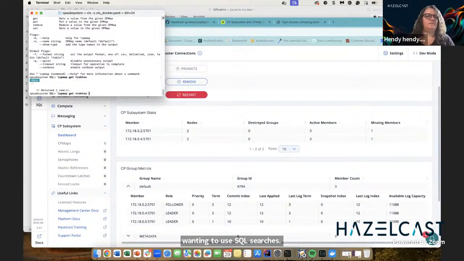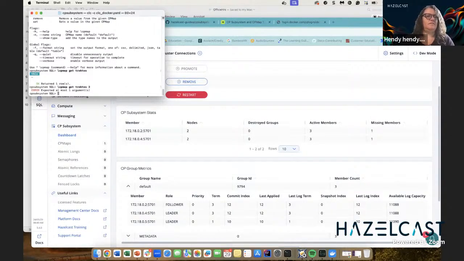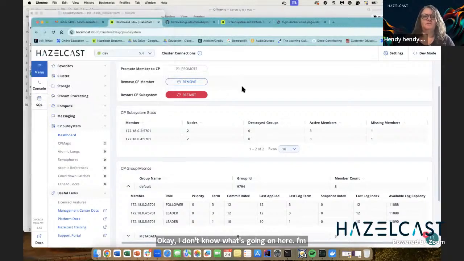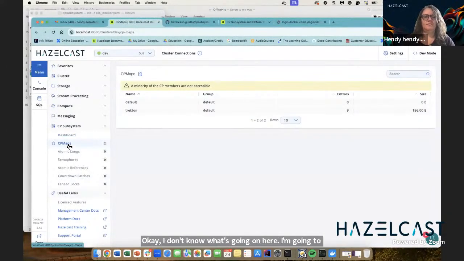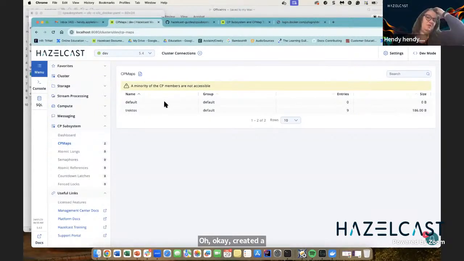Okay, I don't know what's going on here. Oh, okay, I created a map when I did that last one. I don't know why I did that. All right, so my data is still accessible.